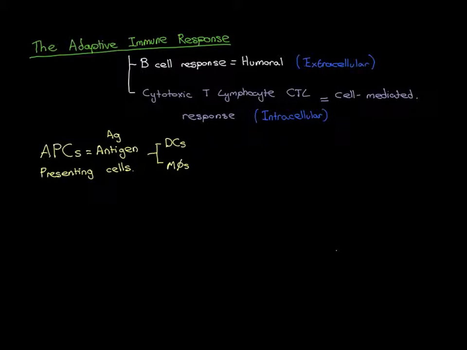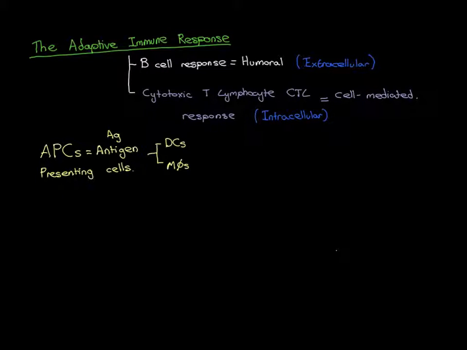And what can now happen is these antigen-presenting cells, the dendritic cells and the macrophages, can put the fragments of the antigens of the pathogen on their surface attached to major histocompatibility complex proteins, and they can present them to T cells. Now, at this point, there is an important difference between what happens to initiate the B cell response, the extracellular response, and what happens to initiate the intracellular response.